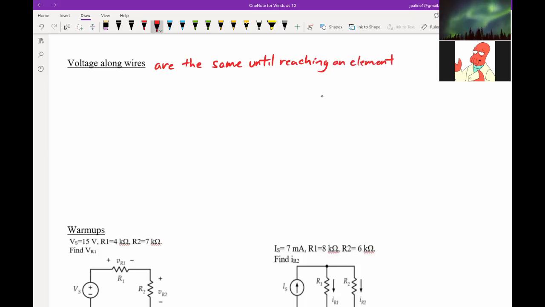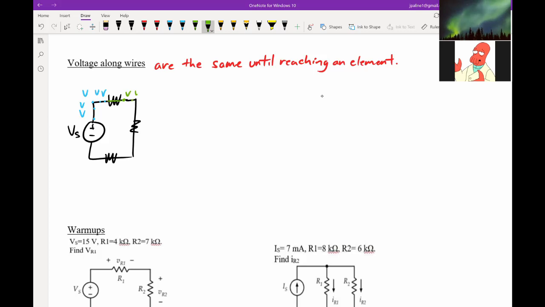So that means that, here, I'll do it like this. We'll start with some voltage value here, and the voltage value here will be the same, voltage value there will be the same, there. It's going to hit this element, it'll travel through, hit this point, and now it will have a new voltage.